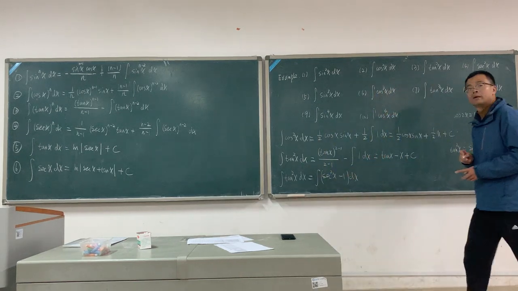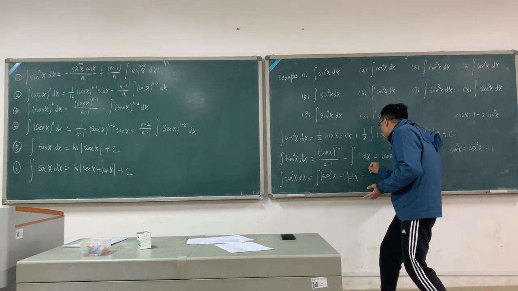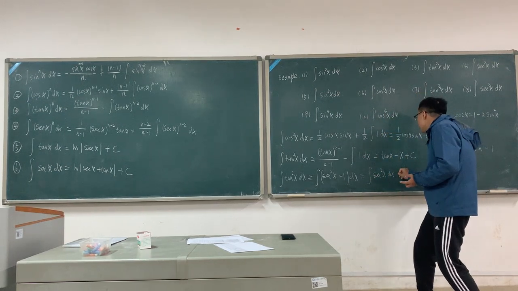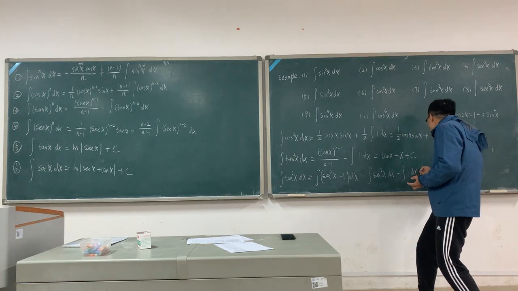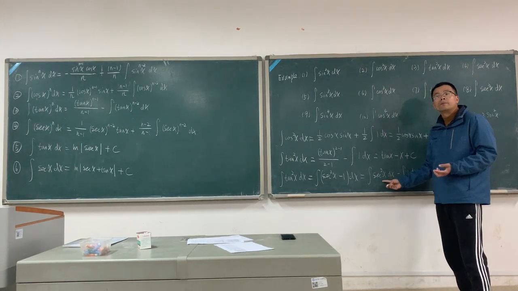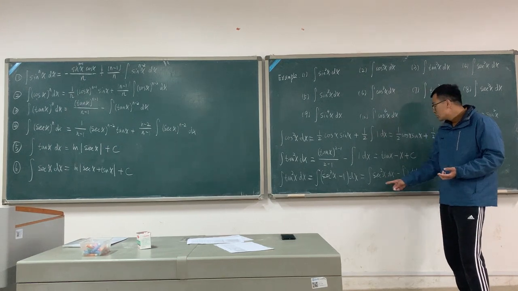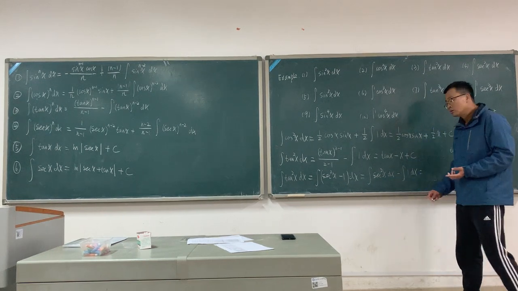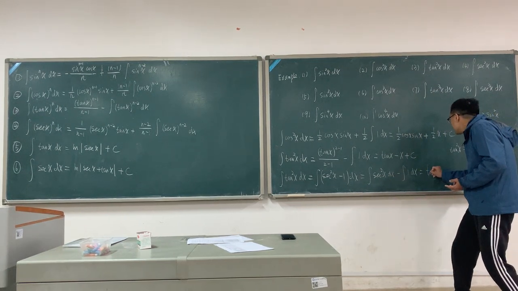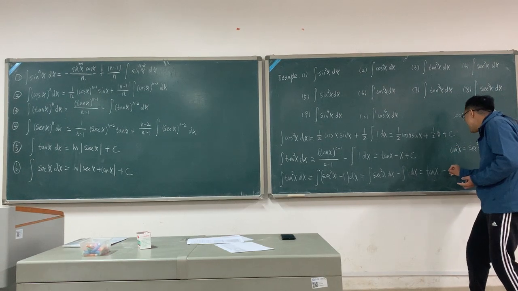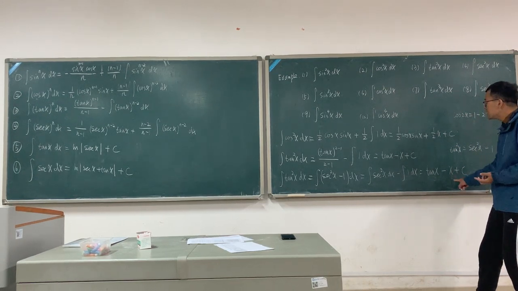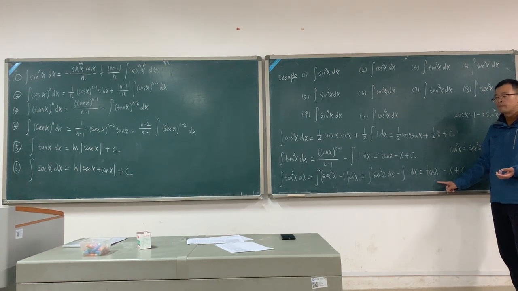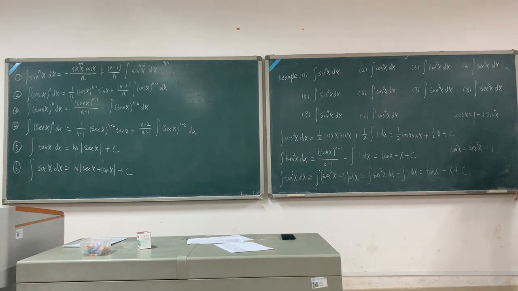So this equals secant x square dx minus 1 dx, yeah? So secant square antiderivative: which function has derivative secant square? Tangent x. So tangent x minus x plus c. So you can see 2 different methods, but the same result, okay? So here for number 3.